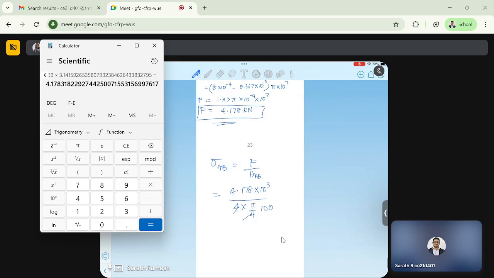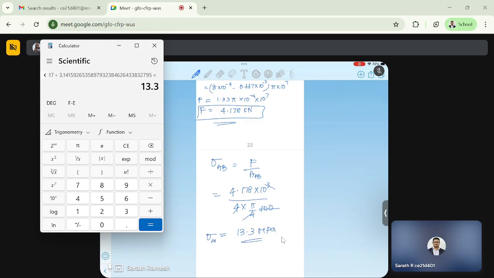So 4.178 into 10 power, this 100 will become 10, so into 10 by pi. So I'm getting 13.3 megapascal, right?